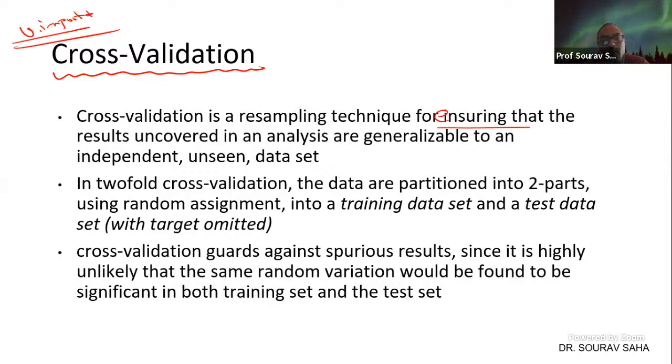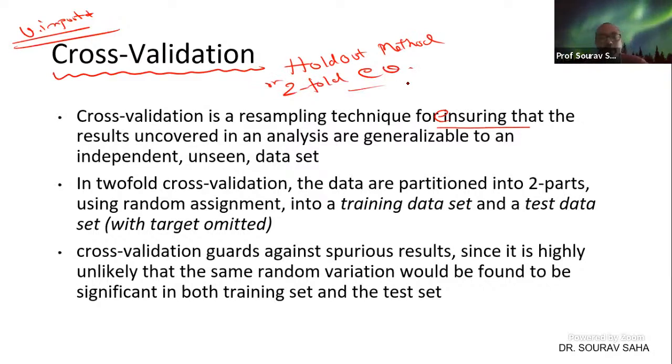The most commonly used method is called the hold-out method, or two-fold cross validation. In the hold-out method, you do a validation where one is the training data and the other is the test data.